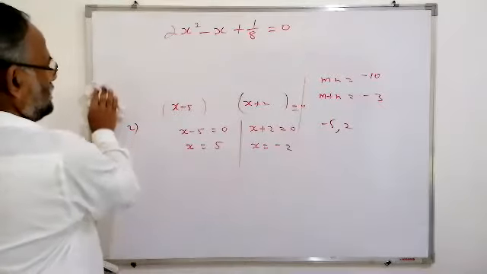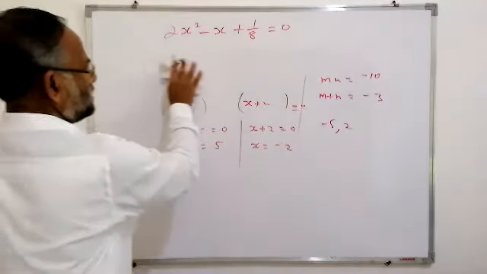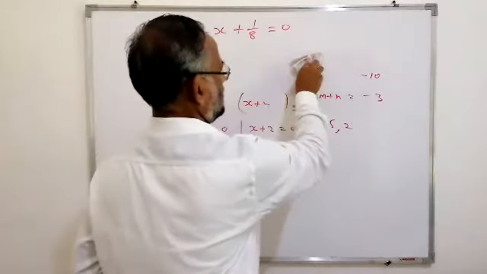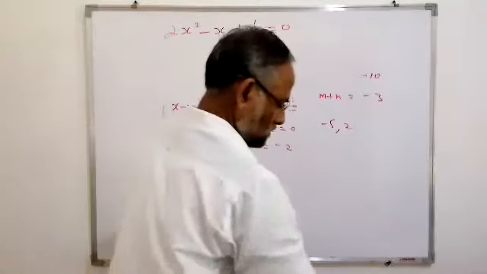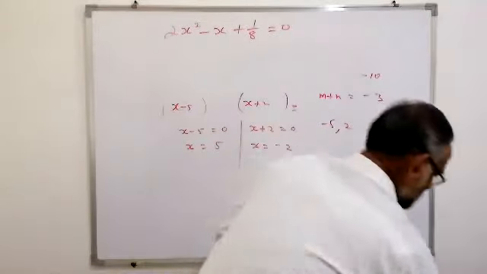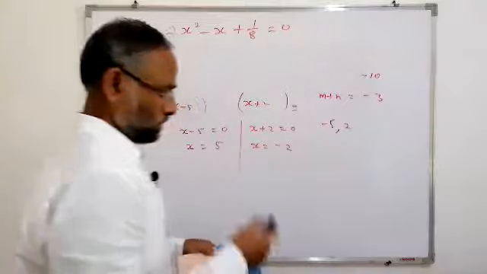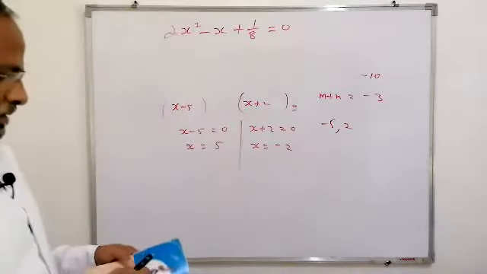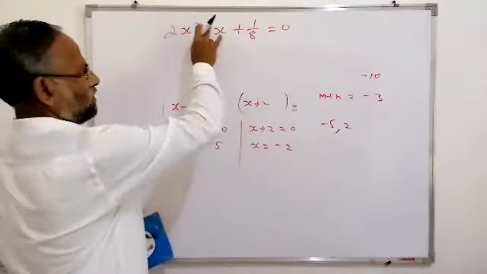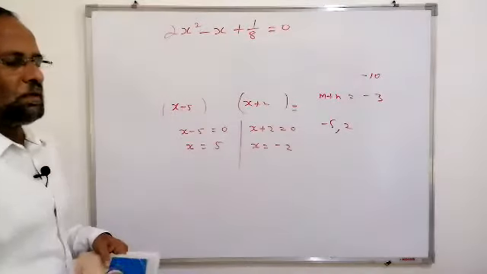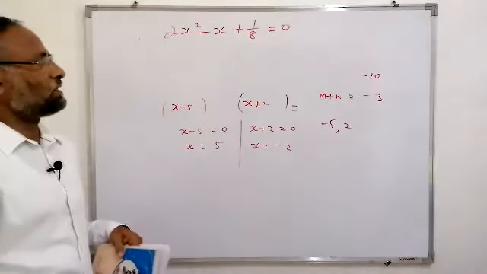What to do here? I told you, when a fraction denominator is there, multiply everywhere with the same denominator. Especially in standard form, we don't want the fraction like that.